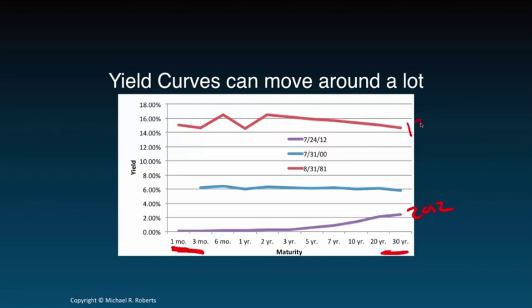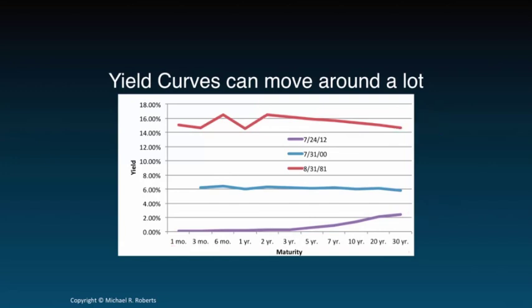Whereas back in 1981, we see that long-term interest rates were actually below shorter-term interest rates, at least over a stretch here. So it was cheaper for the government to borrow for longer terms at a lower interest rate.